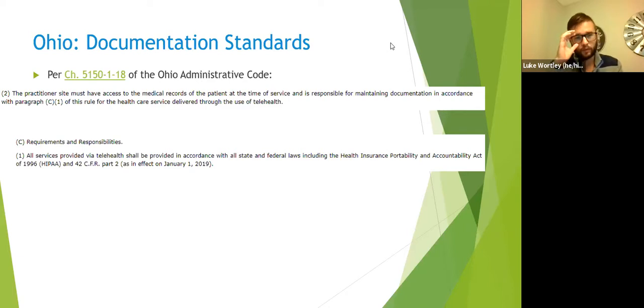So if you're providing services where informed consent would only need to be obtained yearly, then you can just do that. If you are ultra paranoid and ultra concerned, then obtaining consent with each service is also perfectly acceptable, as long as it's all documented at both the distant and originating site where possible. I hope that answers your question.